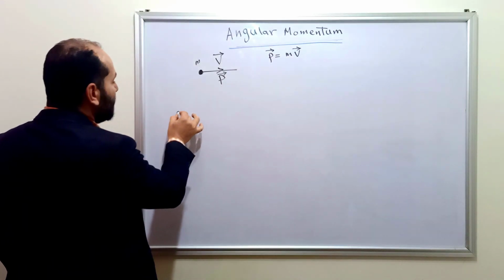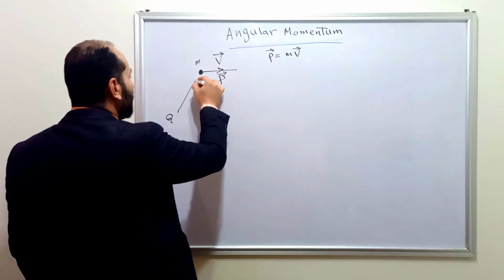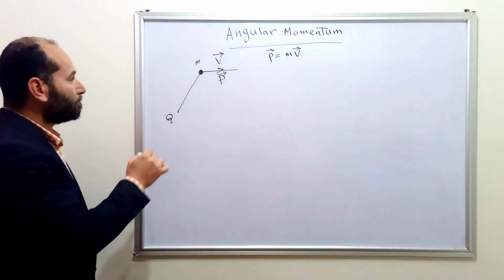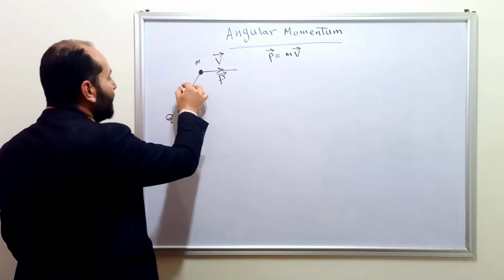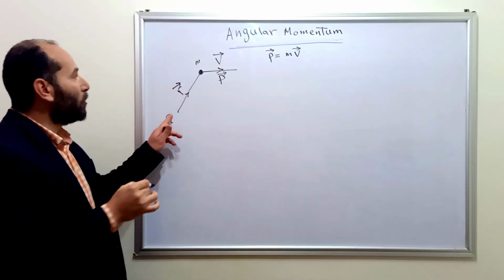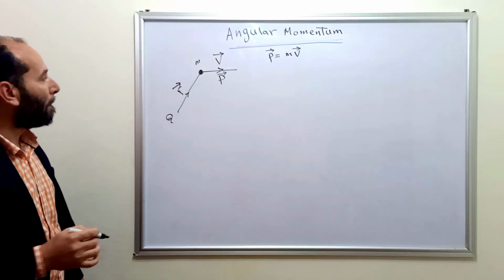If we have point Q here, we have a position vector r from this point to this particle m.